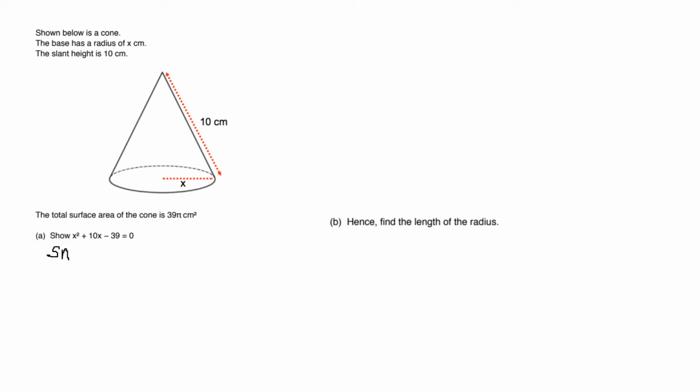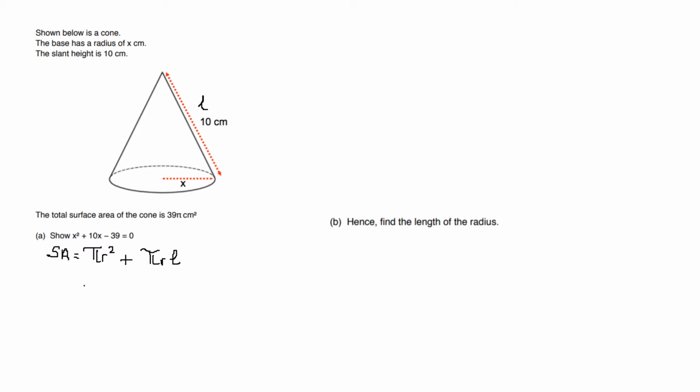So the equation for the surface area of a cone is pi r squared plus pi r l, where l is this slant height here, this length. So let's substitute our values in.